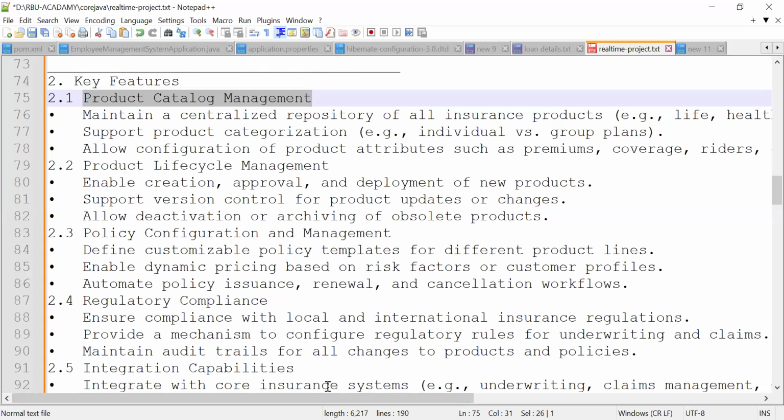Allow configuration of product attributes such as premiums, coverages, riders. So based on the insurance, always these attributes will change, and terms and conditions will change.